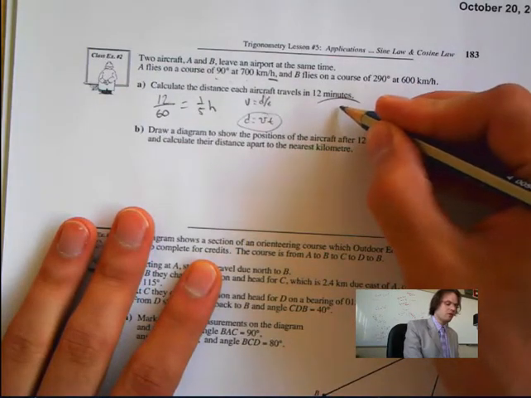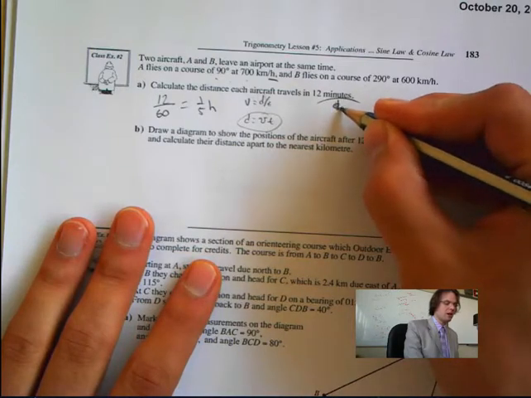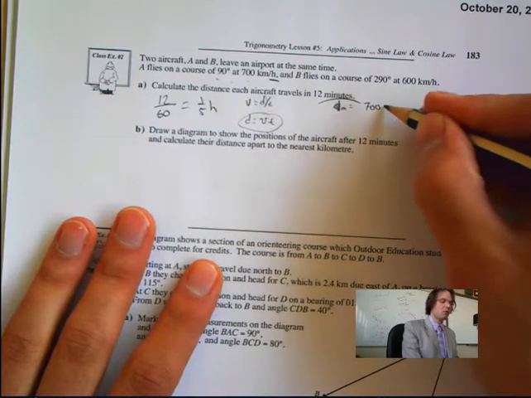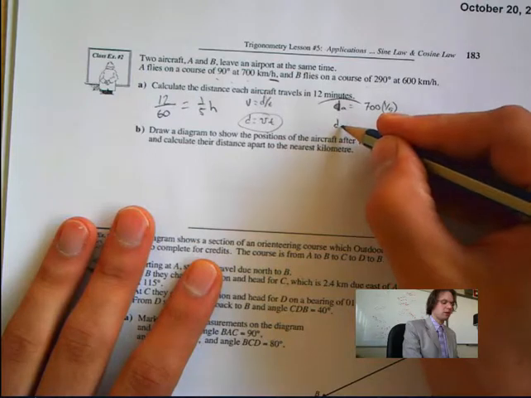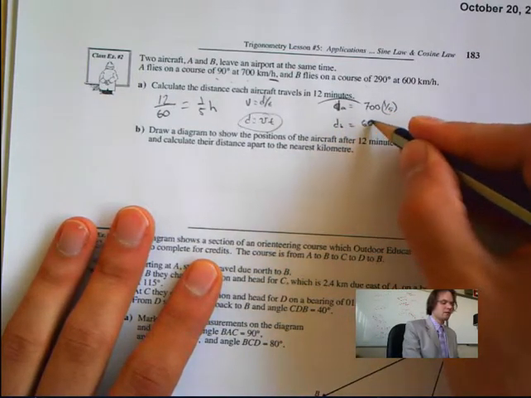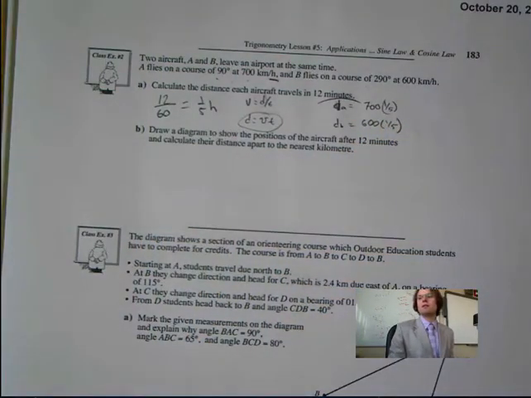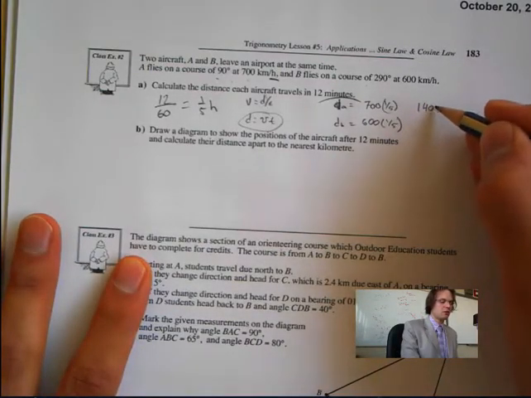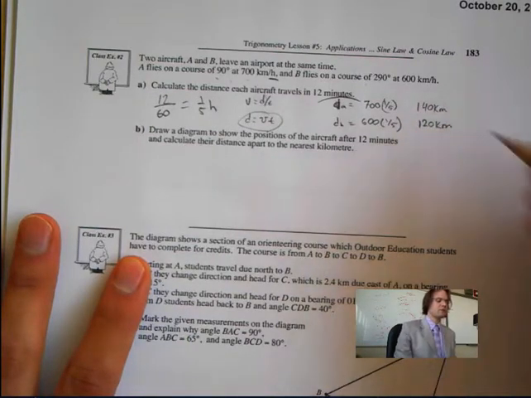For plane A, the distance is 700 multiplied by 1/5. The distance of plane B is 600 multiplied by 1/5. If we continue this, we'll find that this one is 140 kilometers and this one is 120 kilometers.